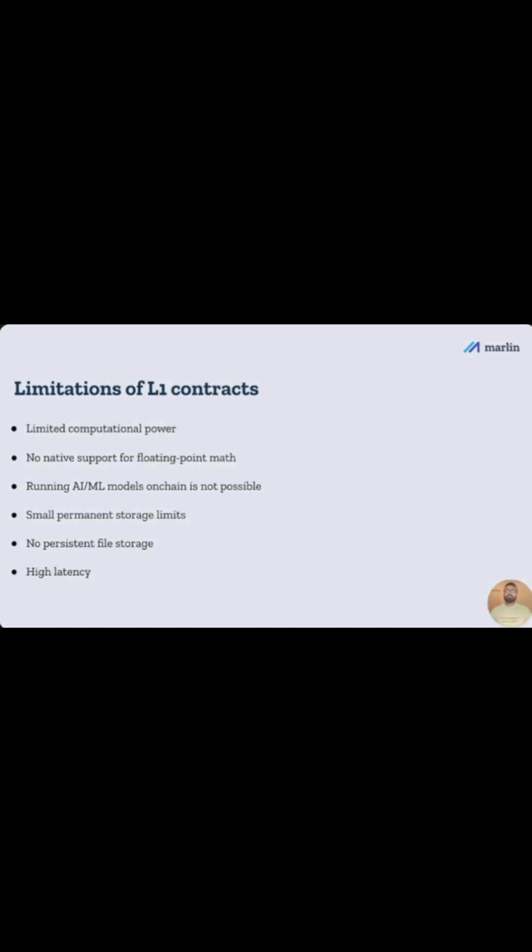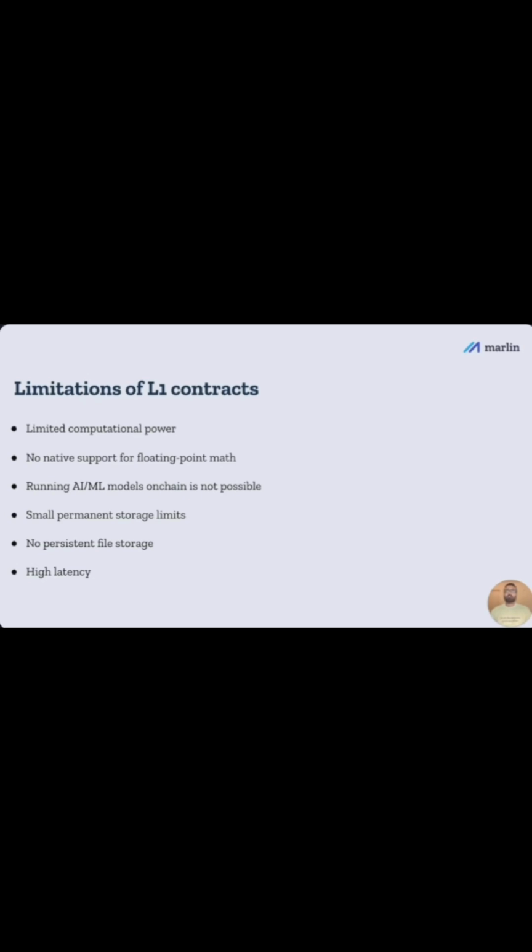They also lack native support for floating point math. This is because precision and consistency are two key priorities in blockchain transactions, but for us, it's still troublesome. Next, running an AI or machine learning model on chain is practically impossible due to the prohibitive costs that are associated with such complex tasks.